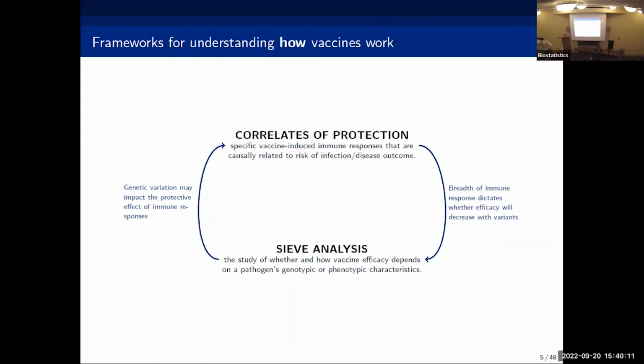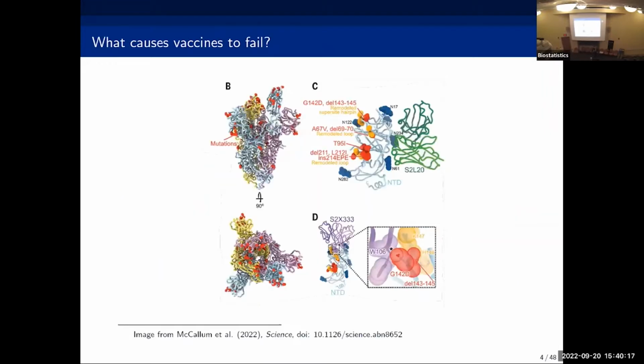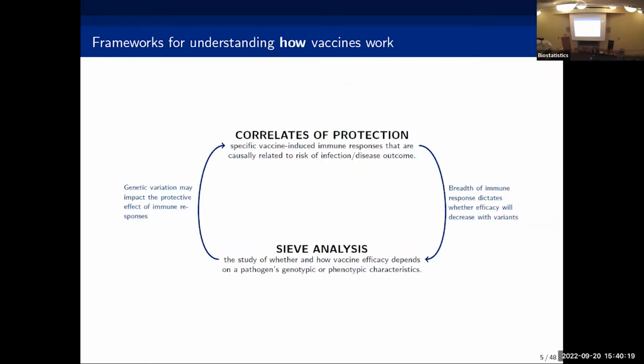These are, again, just two ways of looking at the same problem, because we know that as things like Omicron emerge and we have mutations, we expect the vaccine efficacy will be lower. But why is it lower? Because those immune responses are no longer working in the way that we want. So we would do a sieve analysis if we wanted to understand the amount of that efficacy drop-off, and correlates of protection would tell us maybe what the biological cause of that drop-off might be.